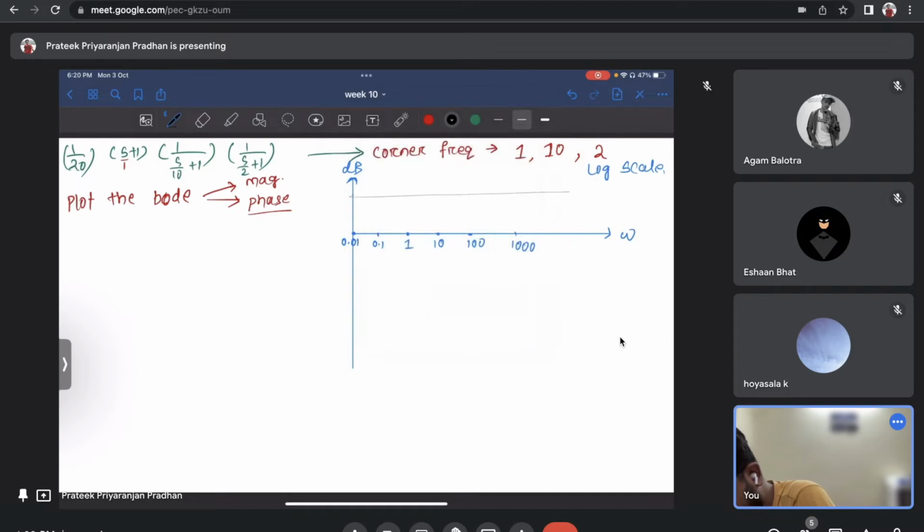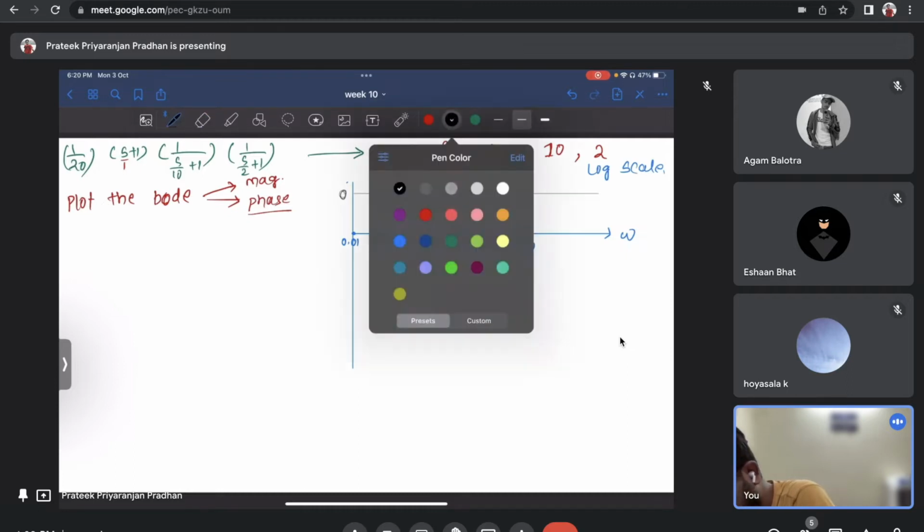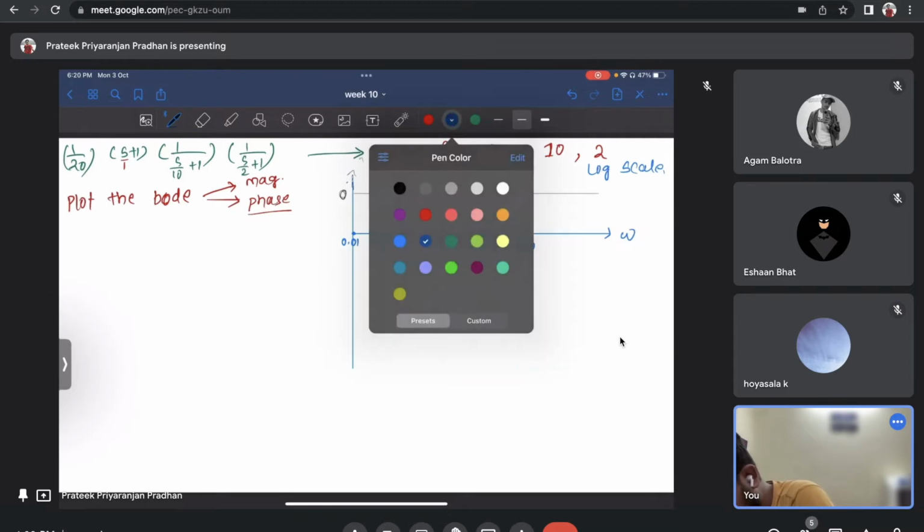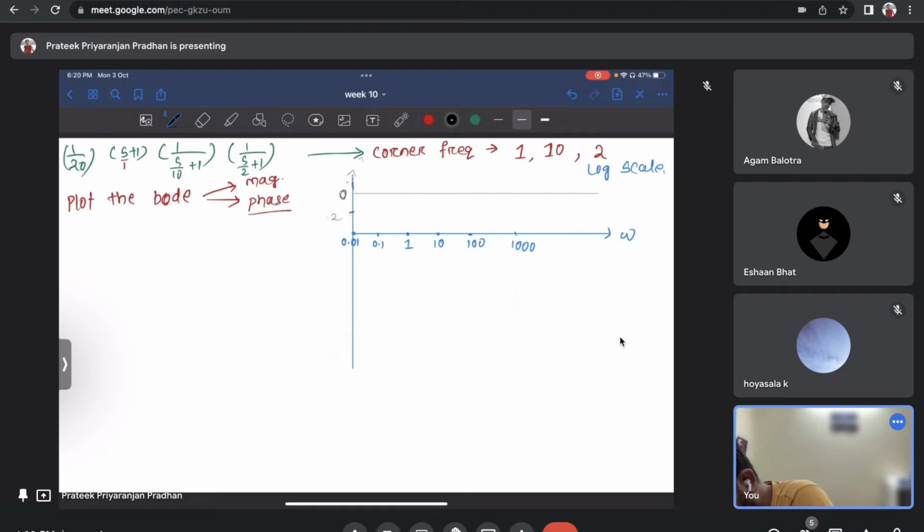Suppose this is the 0 dB line, and this is minus 20. Here this is plus 20. Okay, so that is the dB scale.